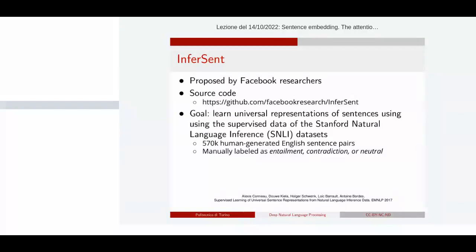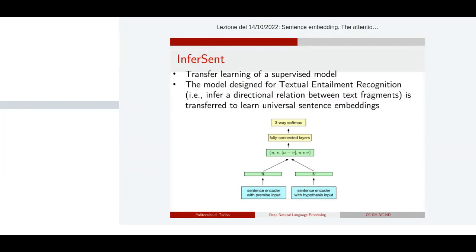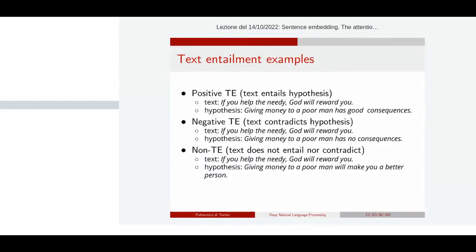We can see an example here. These are the examples of entailments. For example, if I say the text that contradicts a hypothesis, so one is the hypothesis and one is the contradiction. For example, giving money to a poor man has no consequences.